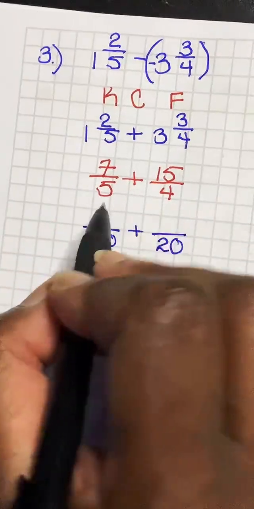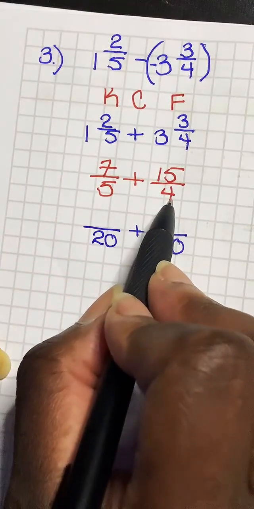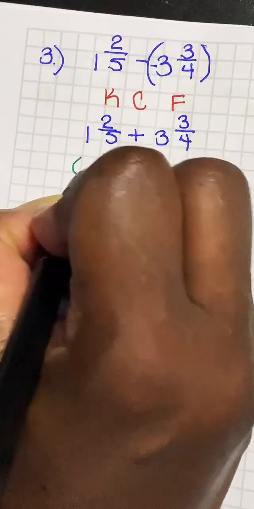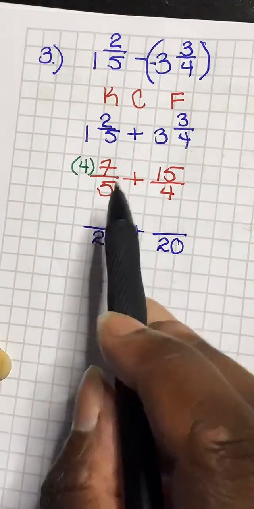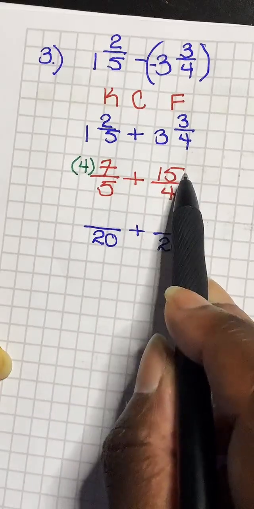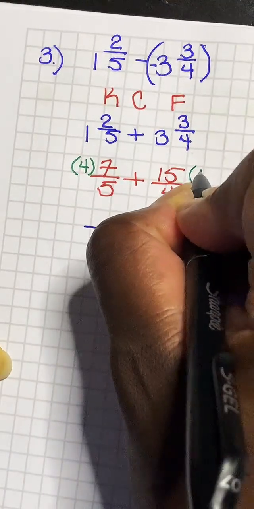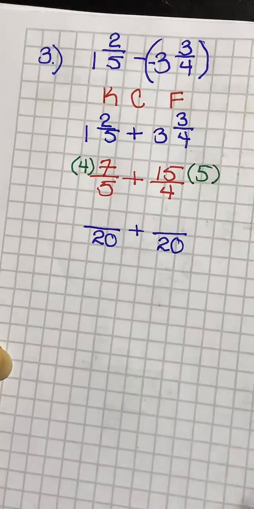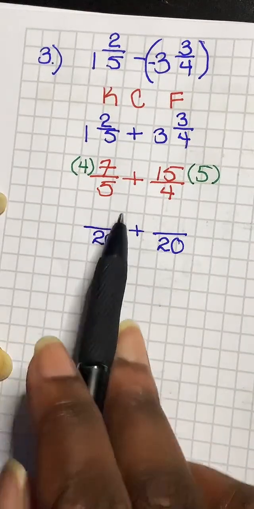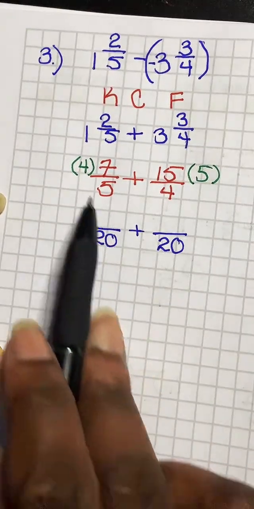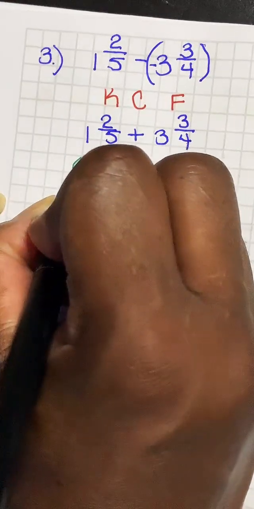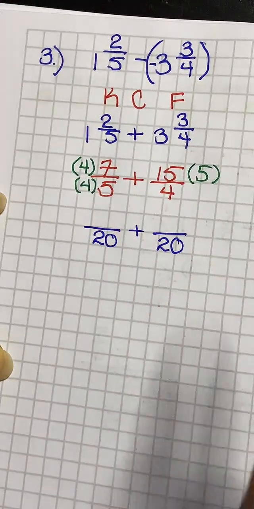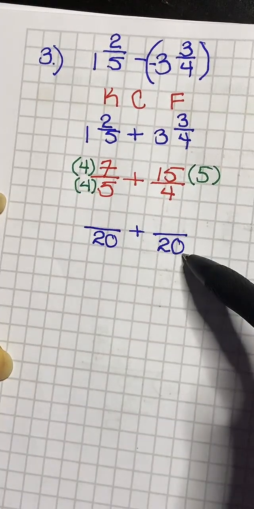So, in order for me to do that, you can take this 4 and multiply the numerator for the opposite. Or you can take this 5 and multiply it to the opposite. If you like to say, all right, well, how do I change the 5 to a 20? I need to multiply it by 4. Whatever I do in the denominator, I do in the numerator. I need to change that 4 to 20.